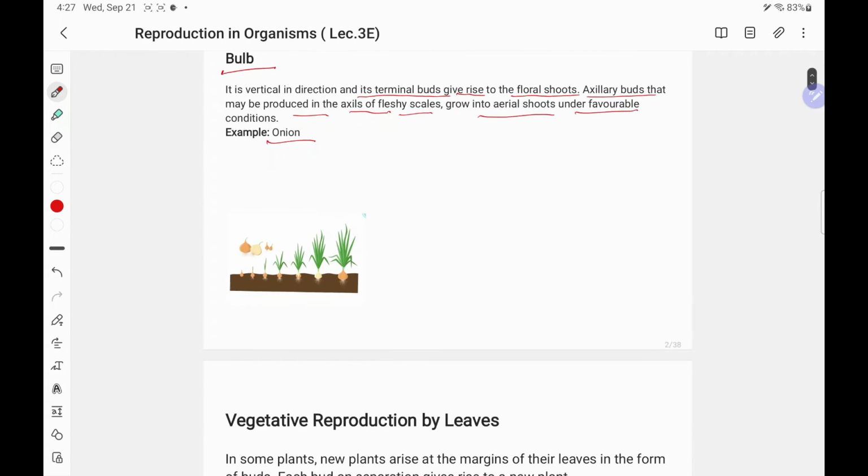For example, onion: here is the axillary bud, and over it is the fleshy leaf.